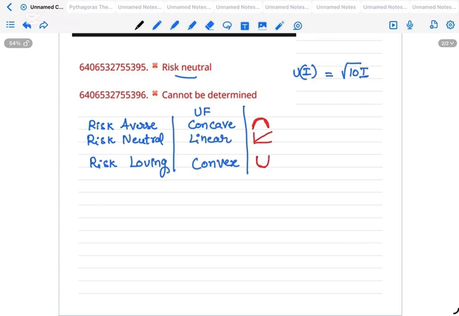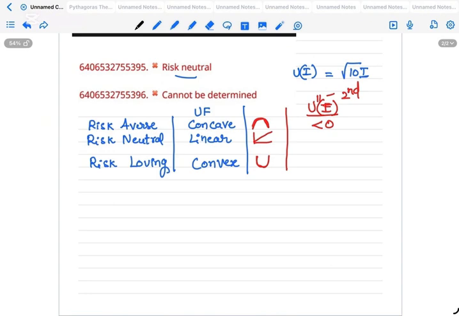If you find the second derivative, u double dash of I, if it is less than 0, very important, always remember, less than 0 is concave.